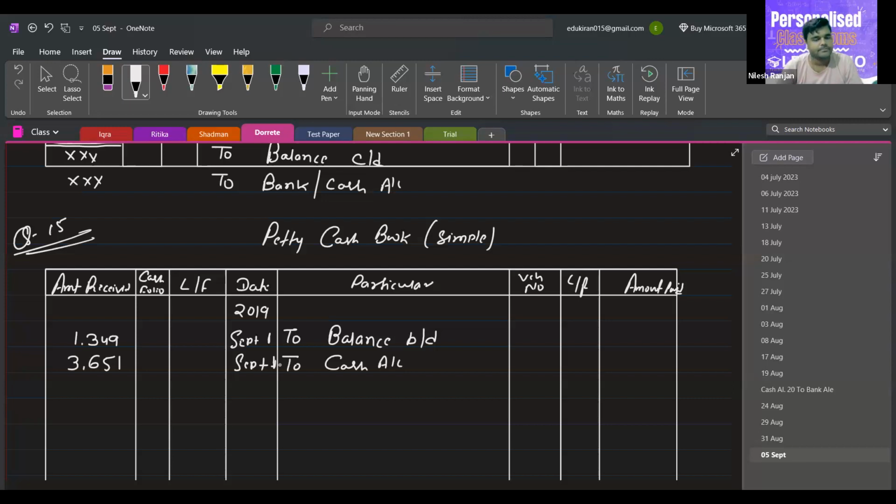So when the petty cashier goes to the accountant and tells him that from 5,000 I have paid all the expenses and this amount is left with me, the accountant will give only the balance amount that will make the balance 5,000. So he has 1,349. So if the accountant will give 3,651, then total will be 5,000 again.